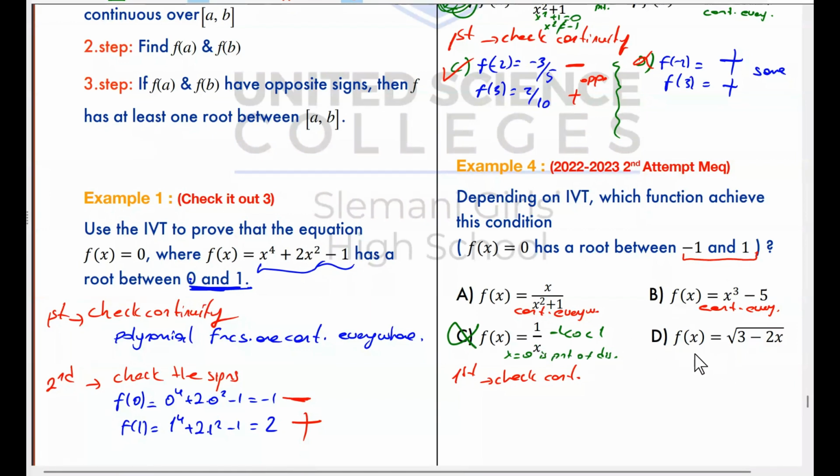Option D, what's point of discontinuity? There's a square root, so the expression under the root should be greater than or equal to 0, right? So 3 is greater than or equal to 2x, divide both sides by 2, 3 over 2 is greater than or equal to x. This is where function is continuous, so the opposite is point of discontinuity: x is greater than 3 over 2.